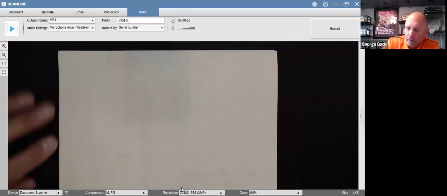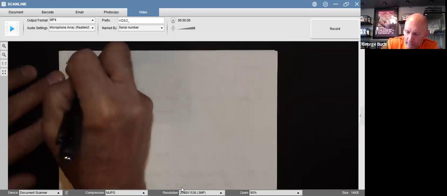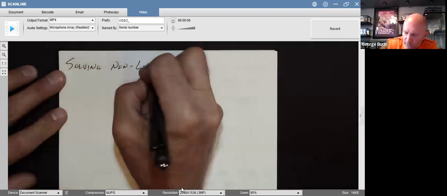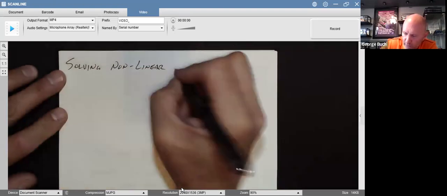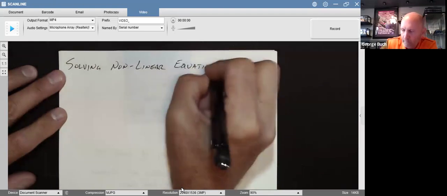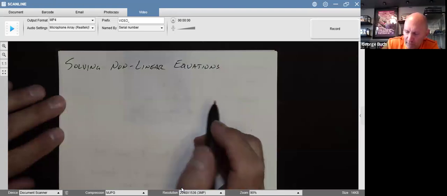So now we're going to look at solving nonlinear equations. We looked at nonlinear inequalities in the last lesson, but now we have nonlinear equations, and we're essentially going to have the following types.